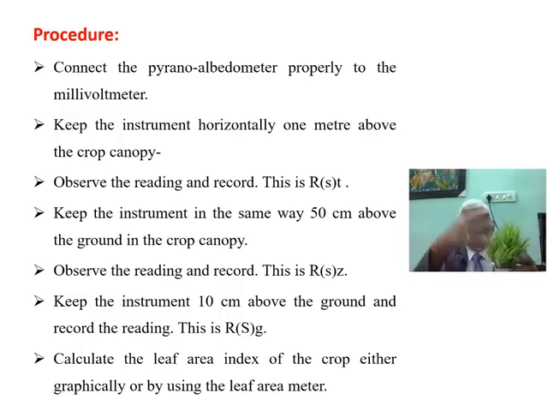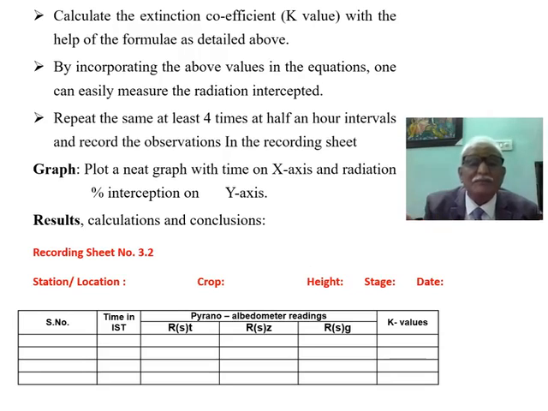RSZ. Then RSG, 10 centimeters above the ground. Same thing, so you record it. Calculate the leaf area index, which is very simple: how much leaf area there is per unit ground area. Same as the first exercise, record it in the record sheet.